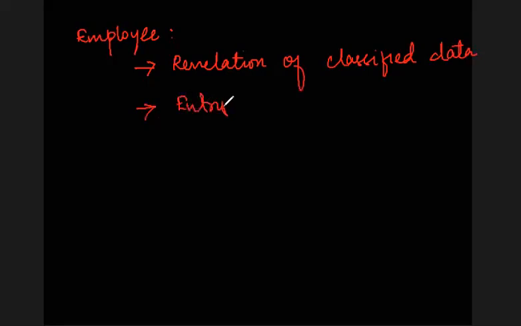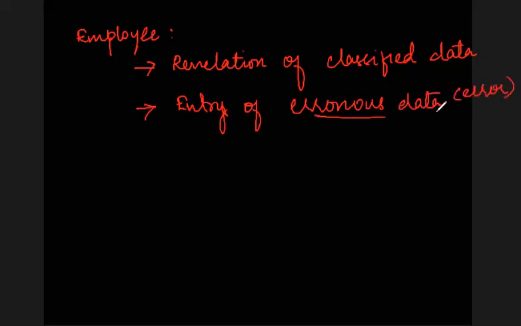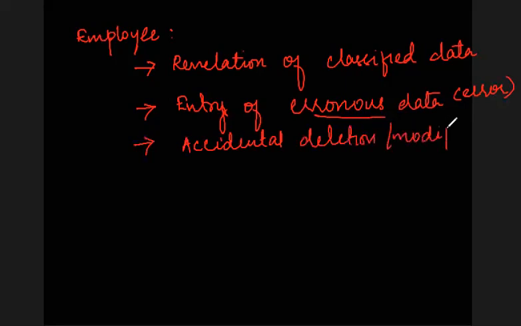Then entry of erroneous data. This means you're making errors within the program, that is, mistakes. You're not entering correct data, a human error. Then accidental deletion or modification of data.